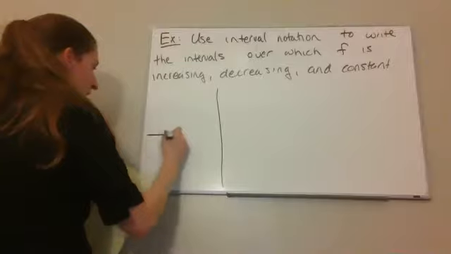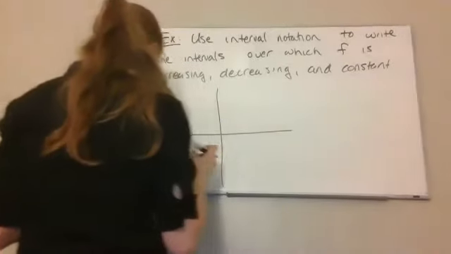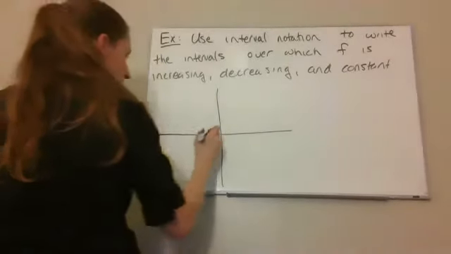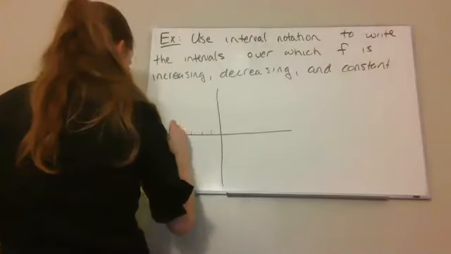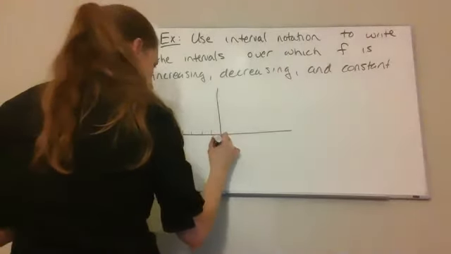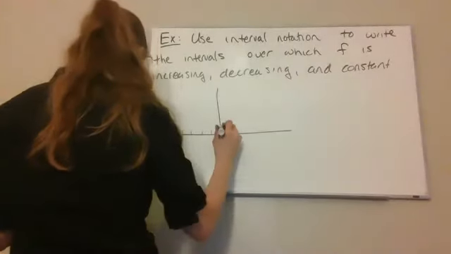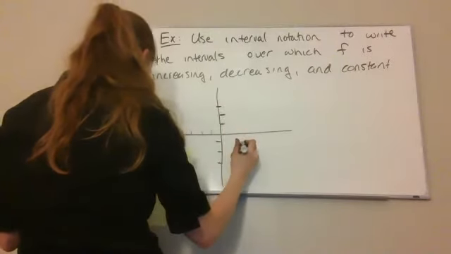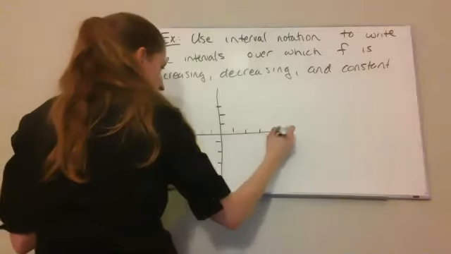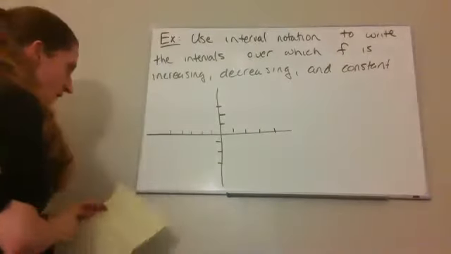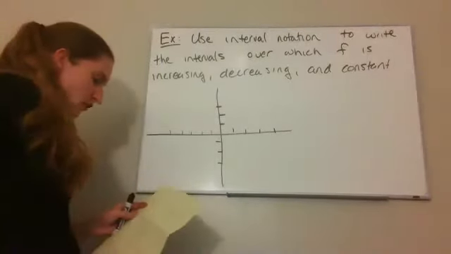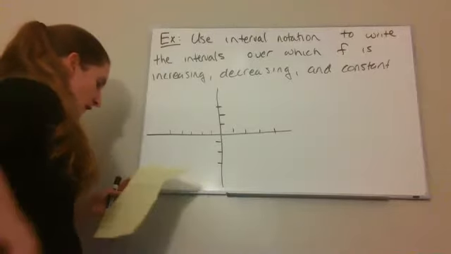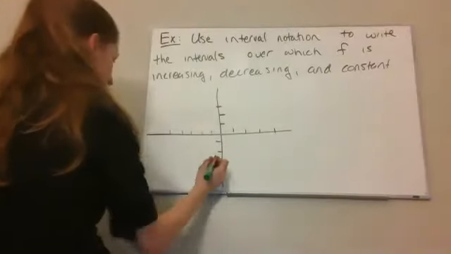And here is the graph of this function. And this graph would be given to us. The graph of the function that would be given to us would look like this.